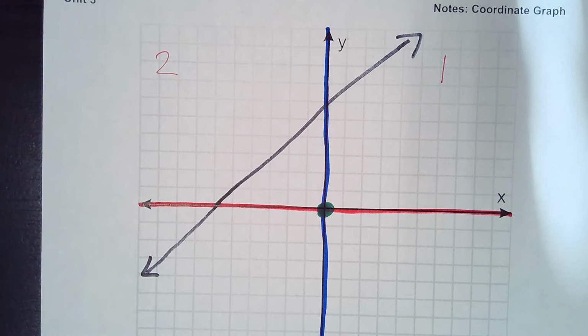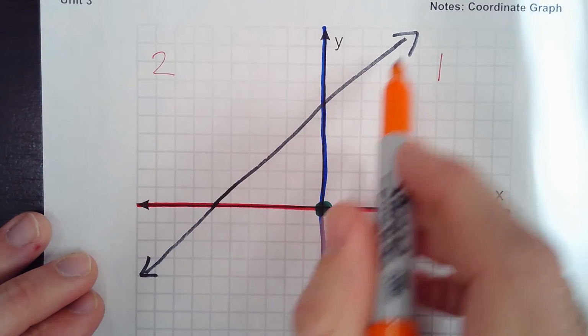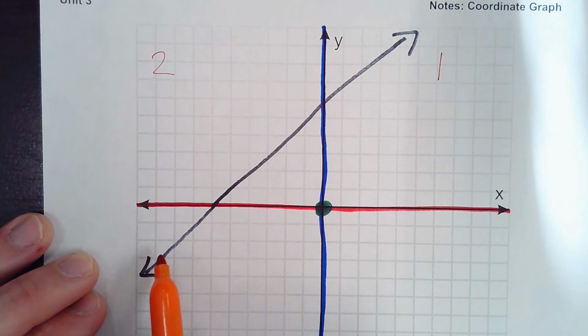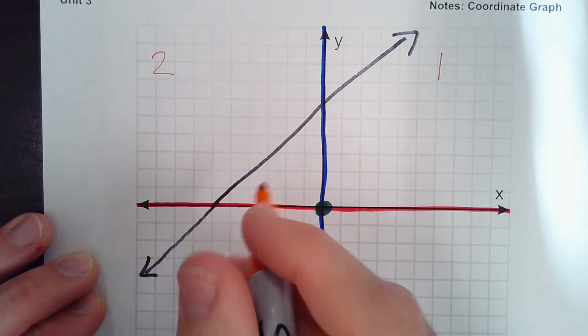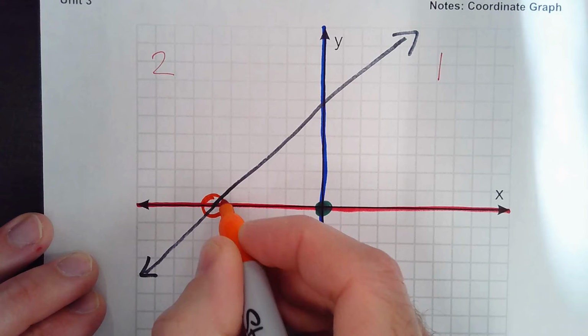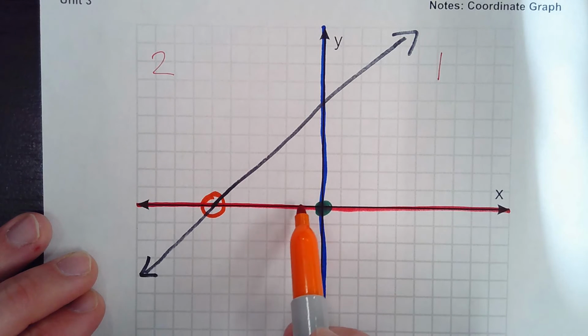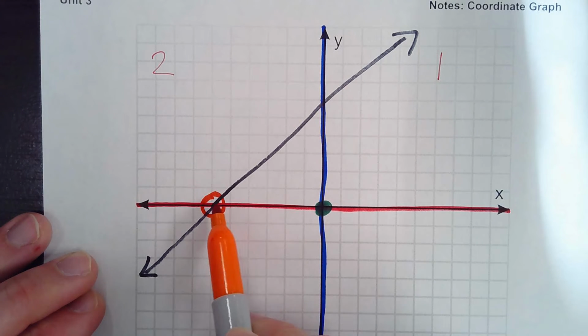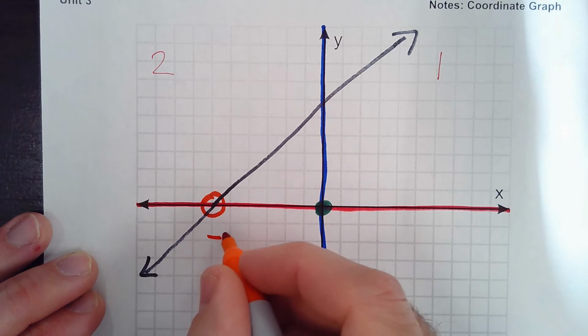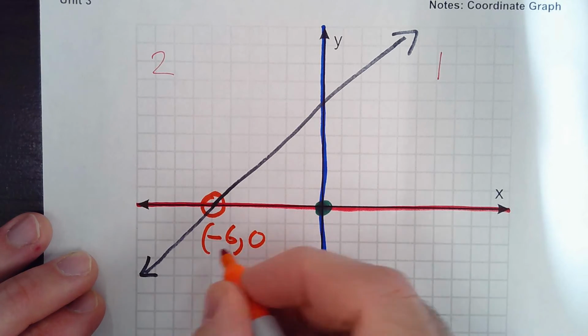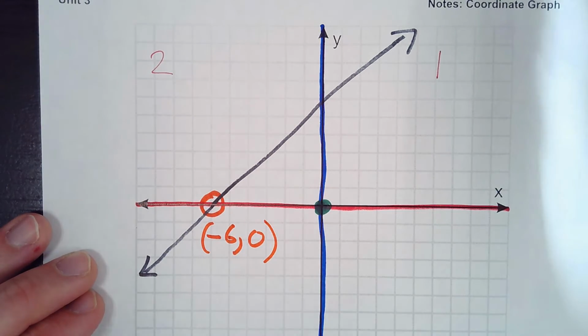The x-intercept is talking about where the line crosses or intercepts the x-axis. So your x-intercept would be right down here, which that point would be 1, 2, 3, 4, 5, 6. Your x-intercept would be -6, 0.